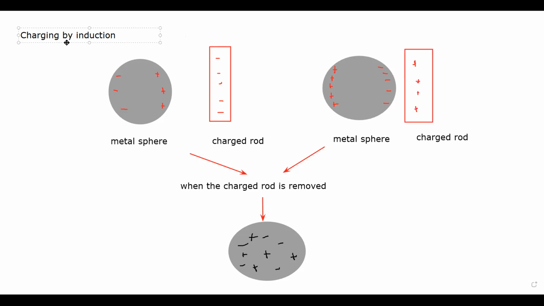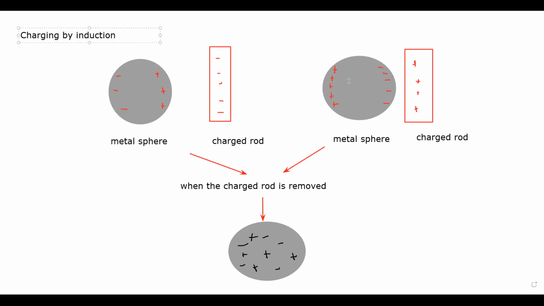But if I want to make a permanent charge, the number of charges on the rod is up to you. It is not necessary, even you can make 1 positive, 5 positive. That's not an issue, you can draw any number of charges on this charged rod.